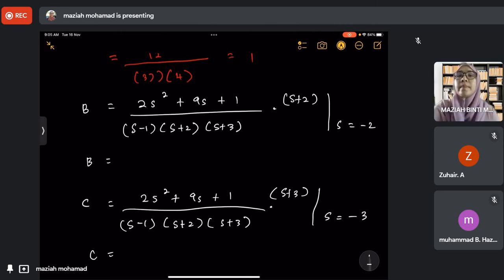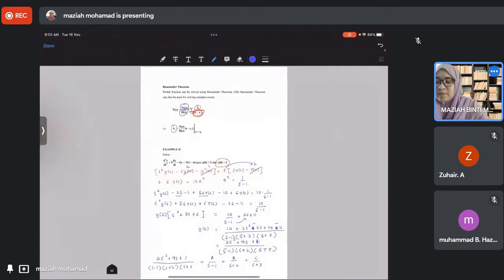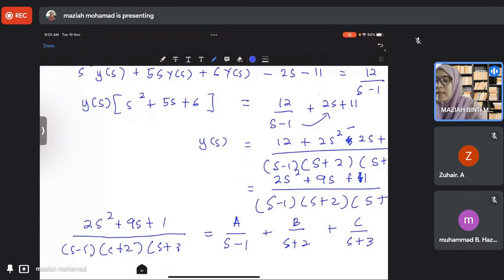Doktor, yang sebelum ni minus 9S ke? Macam minus. Plus kot. Tadi kawan awak betulkan plus, kan? Itu plus tu. Tadi kawan awak refer balik, sebab saya tak buat step by step tadi. So ada miss, minus, positif, negatif semua tu. So yang 2s square plus 9s plus 1 ni kawan awak dah buat.